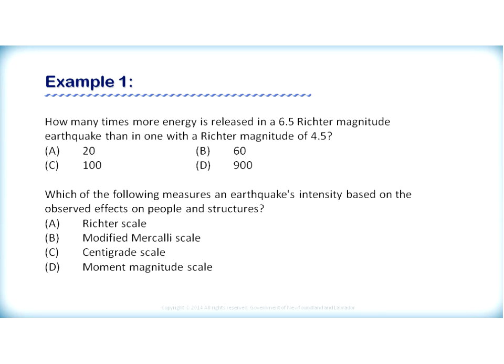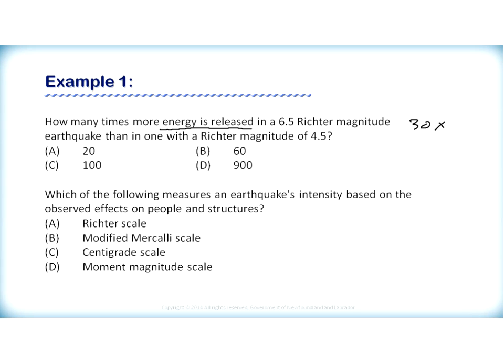So again, if we look at our Richter magnitude here, we're looking for energy released. The amount of energy released is 30 times greater for every increase in Richter magnitude.